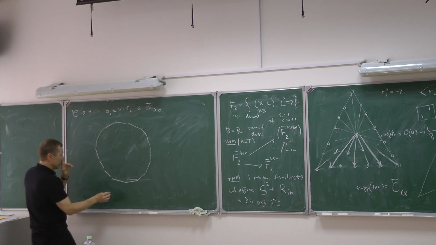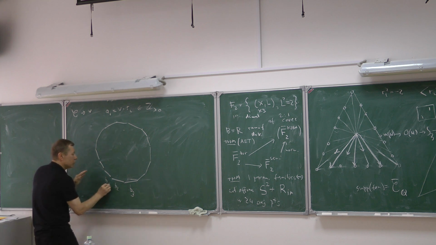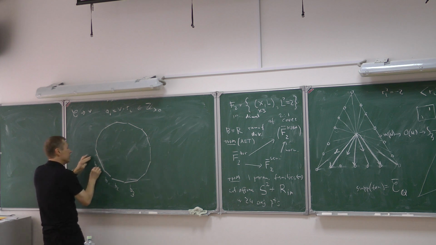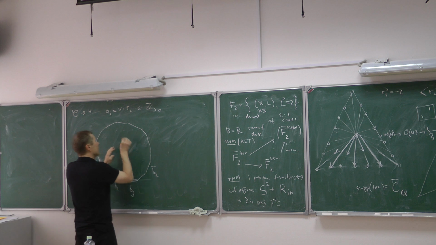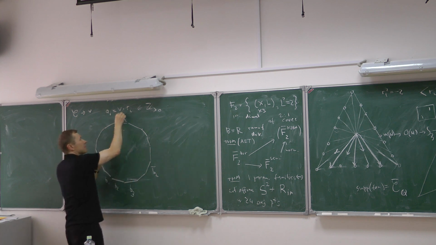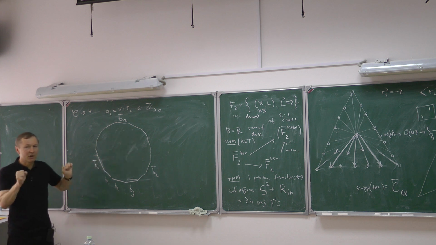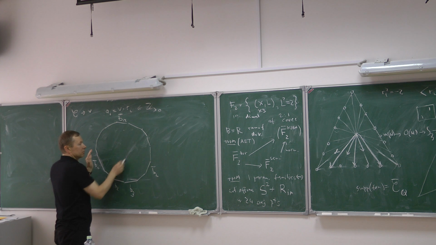This 18-gon will have some lengths, b3, b2, b1, b0 bar for some reason, b6 bar, and b12 bar. So that's my initial starting point. So right now it's all toric.